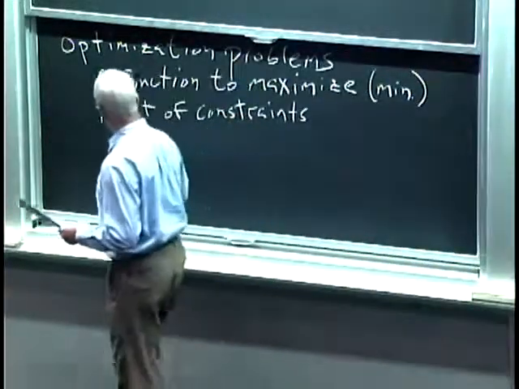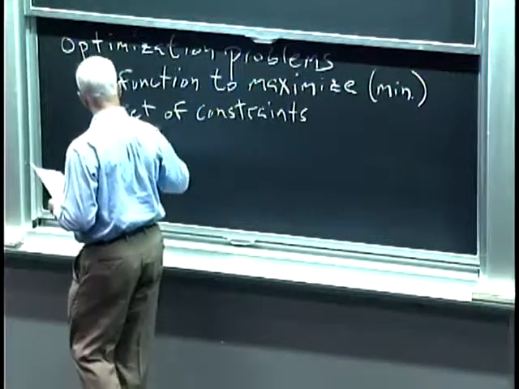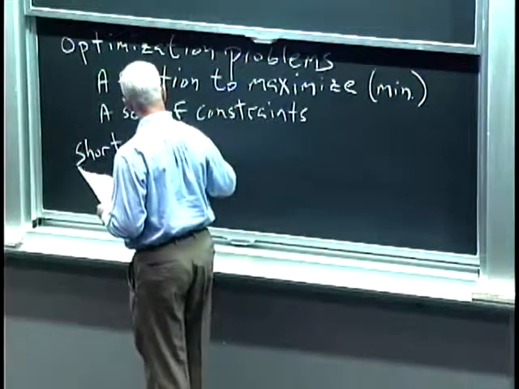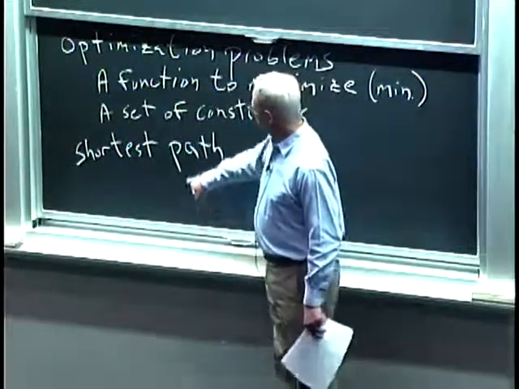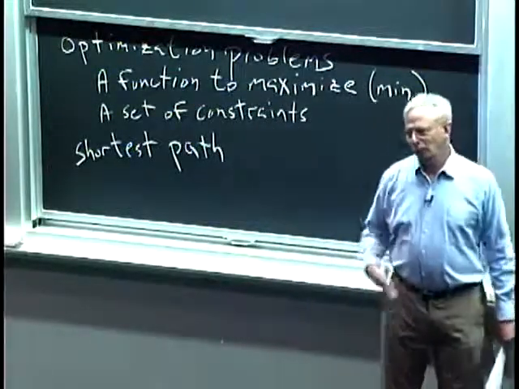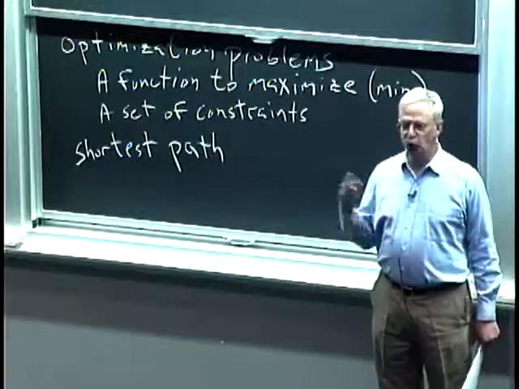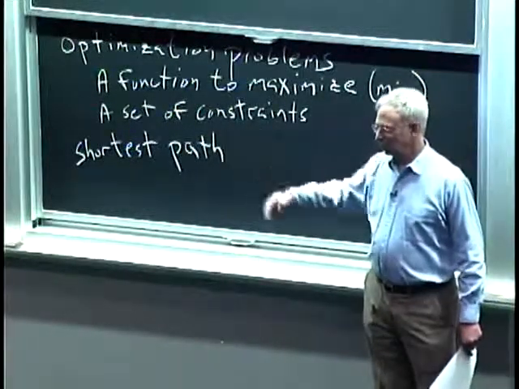Well, one of the most well-known is the so-called shortest path problem. Probably almost every one of you has used a shortest path algorithm. For example, if you go to MapQuest or Google Maps and ask, how do I get from here to there?